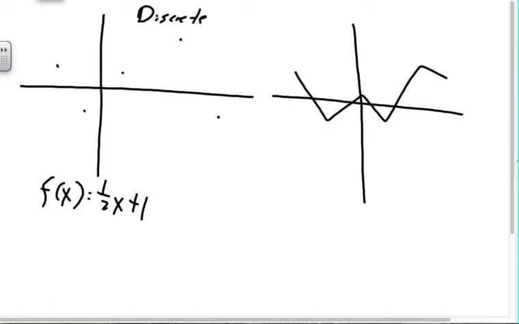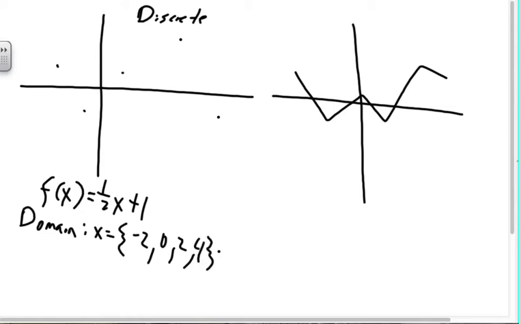Okay, first time you take a look at that, you'd be tempted to say, okay, this is continuous, but they've limited our domain. x will be equal to -2, 0, 2, and 4. Now, because my domain is discrete, it is only those 4 points. That's going to make my function discrete because my domain into the equation is discrete also.